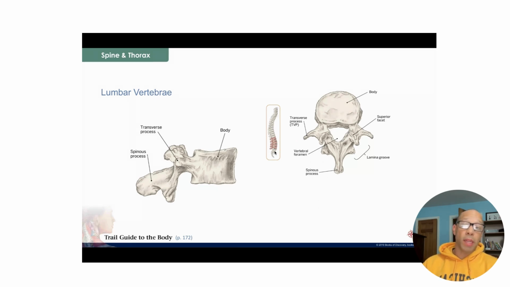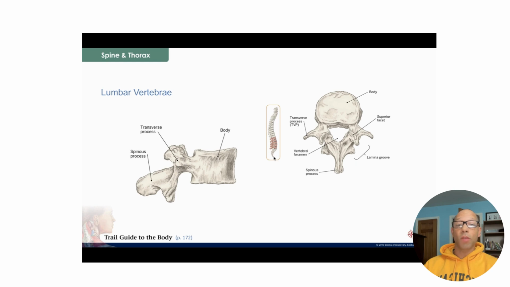We don't show it on the next couple of slides, but we have the sacrum and the coccyx down here. The sacrum actually has 5 fused vertebrae. When we're born, they are not fused together; they're 5 individual vertebrae. Then there is the coccyx, which has 4 fused vertebrae. Those also are not fused at birth, but they become fused over time.